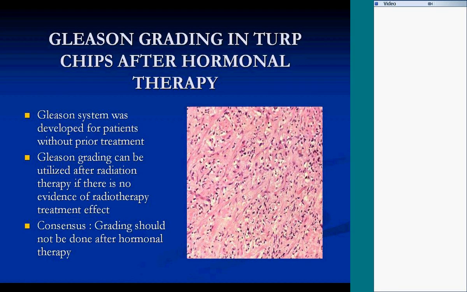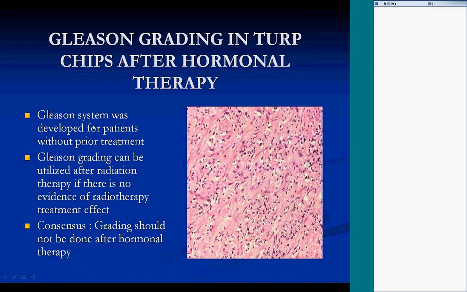Now here's where Gleason grading intersects with hormonal therapy, because we can see TURP chips where the patient has a previous diagnosis of adenocarcinoma, treated with hormonal therapy, and then develops obstruction, and a palliative resection or channel TURP is performed by our clinical colleagues.